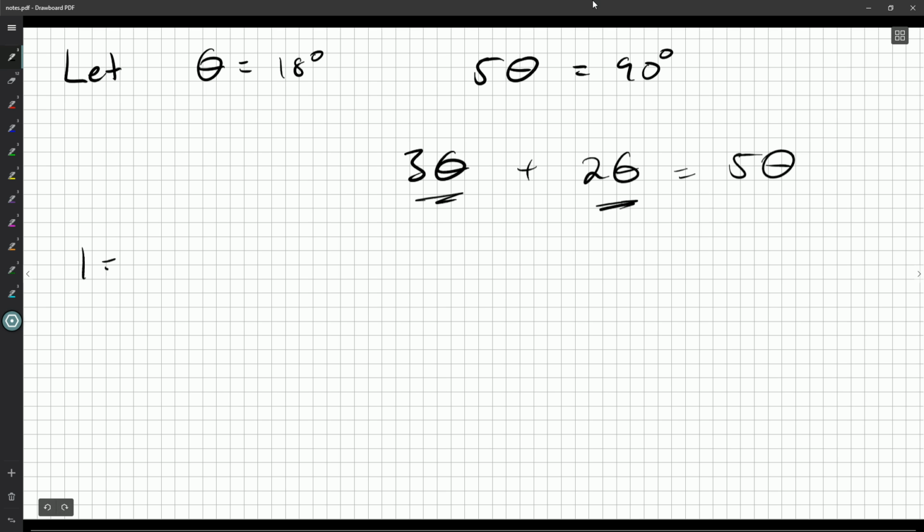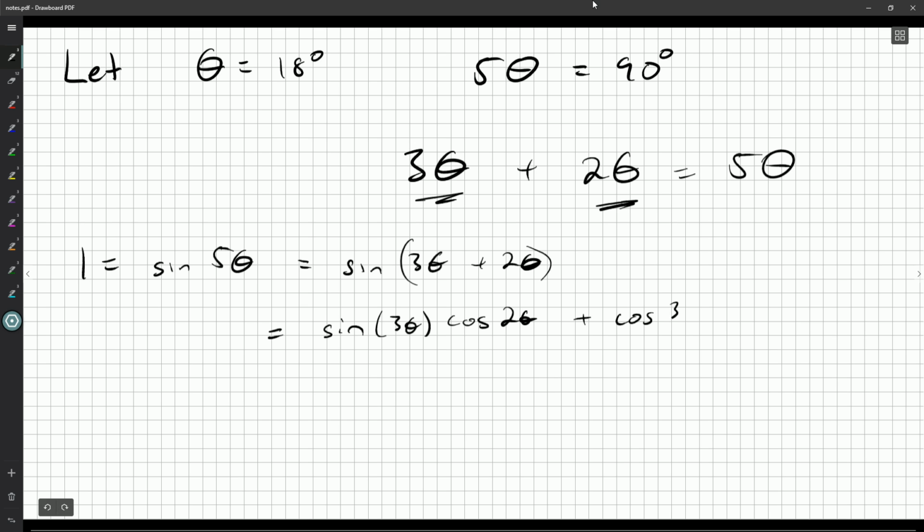So maybe sine 5 theta, and break it up into sine 3 theta plus 2 theta? And that would be sine 3 theta, which I have a formula for, cos 2 theta, which we'd have a formula for, plus cos 3 theta, sine 2 theta. We can get a formula for cos 3 theta. That's certainly possible.